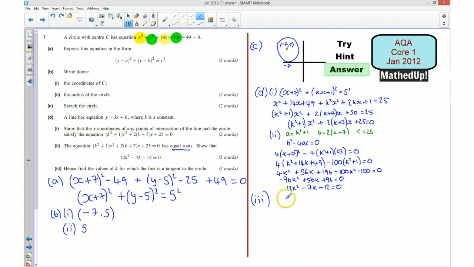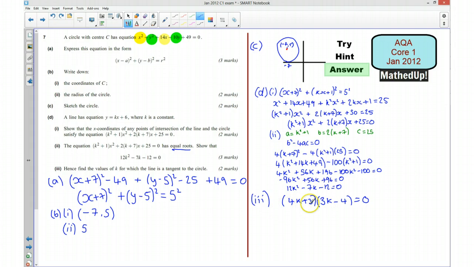And if I factorize it, in fact I get 4k plus 3 and 3k subtract 4 is equal to 0. So I want to find the values of k for which this is going to be true.